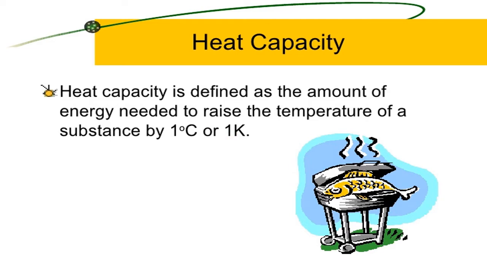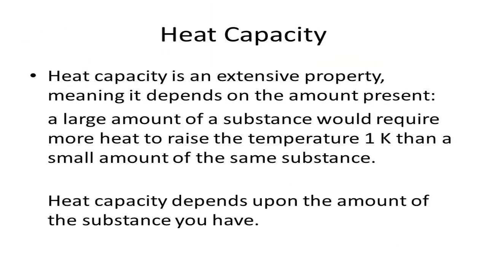So if the present system is at 37 degrees centigrade, to raise the system to 38 degrees centigrade, just by 1 degree, how much energy is required? That is the heat capacity of that substance which is under check or under the system.